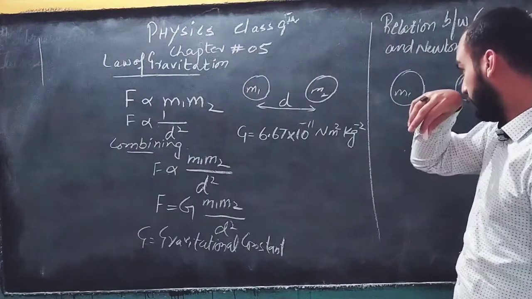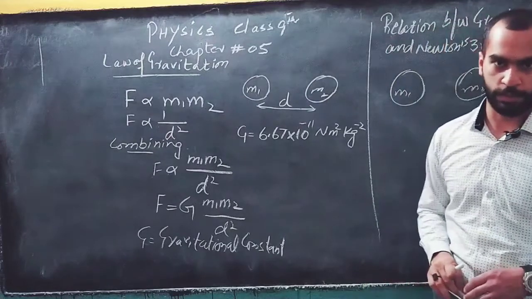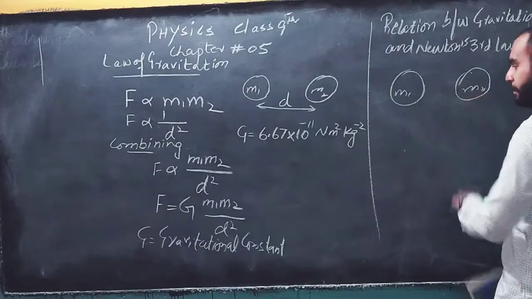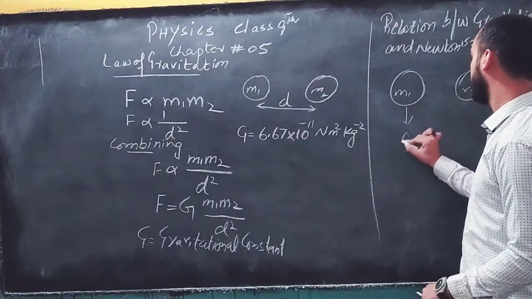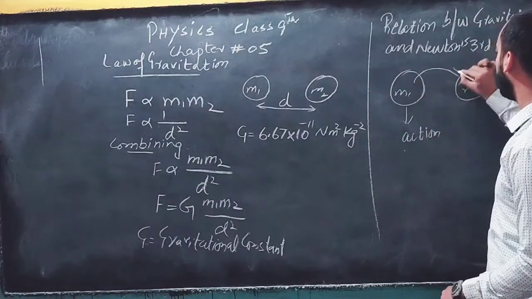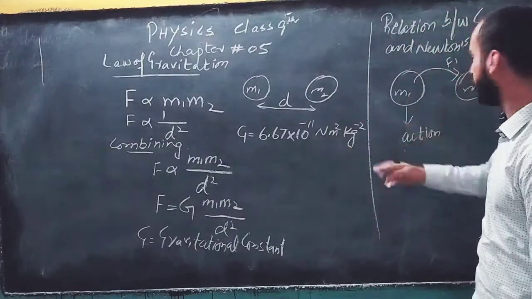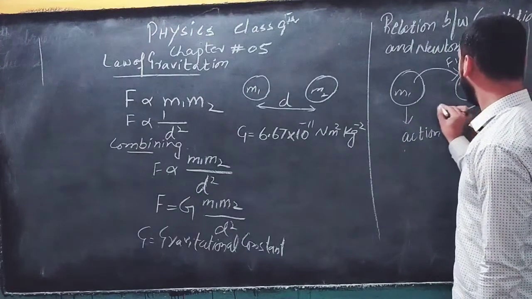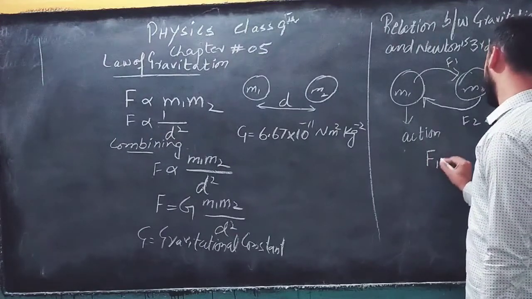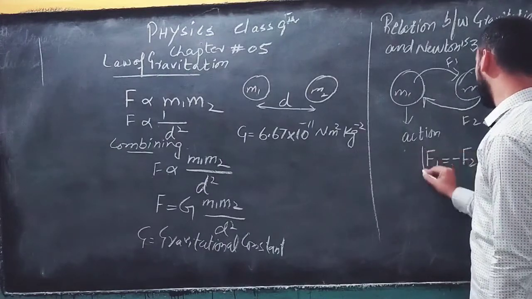As I'm going to revise Newton's third law, Newton says that every action has a reaction equal in magnitude but opposite in direction. Then if the first body is attracting the second body as an action, as we consider that the body m1 is acting on the body m2 with force F1, and this is called the action, then according to Newton's third law, there will be a reaction on m1 from m2, and that force will be called F2, and these both forces will be opposite to each other in direction, but same in magnitude.